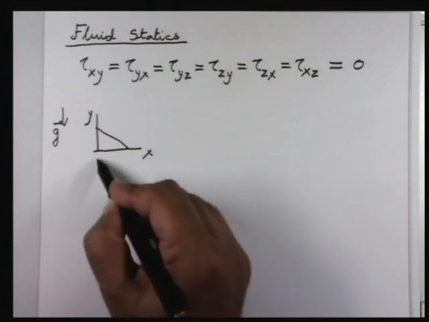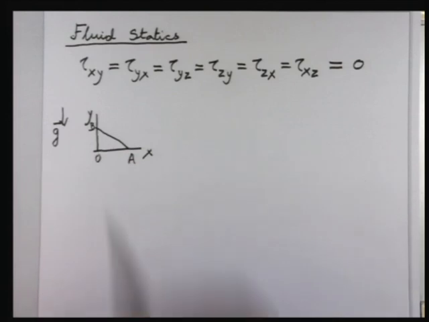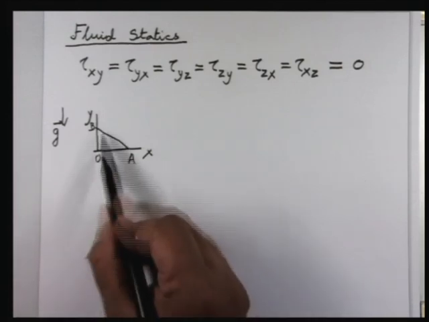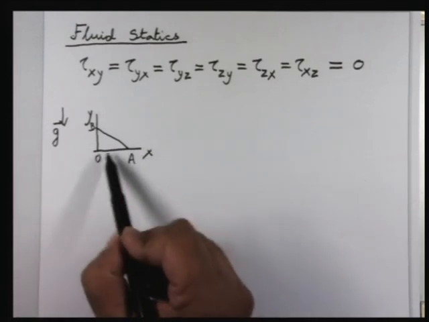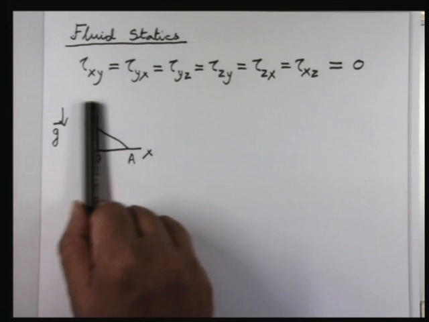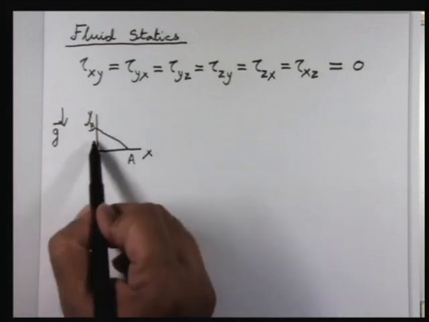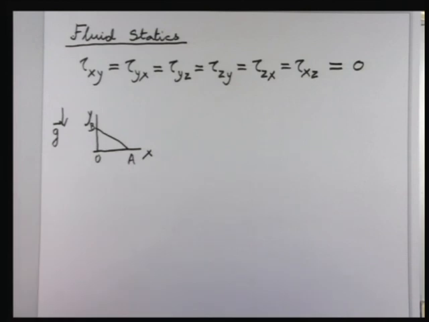If I call this O, this A, this B, this has three surfaces, OA, AB and OB. In addition to the body force, you are going to have surface forces exerted by the surrounding fluid. The fluid all around this element is going to exert a force on these surfaces. Now we are saying the shear stresses are 0, so we are going to have just the force due to the normal stresses.